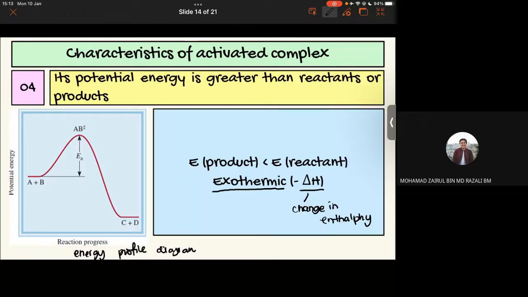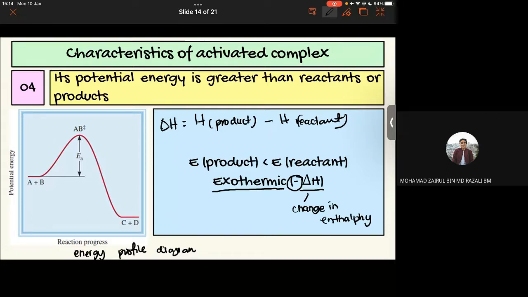Okay, change in enthalpy delta H. Okay, kalau delta H dia negatif, dia adalah exothermic, sebab nak kira delta H sama dengan enthalpy of product minus enthalpy of the reactant. Okay, kalau dia exothermic, dia release heat, maknanya produk awak akan ada less heat compared to the reactant. So maknanya produk kita akan jadi less than reactant, so that's why dia akan jadi negatif.